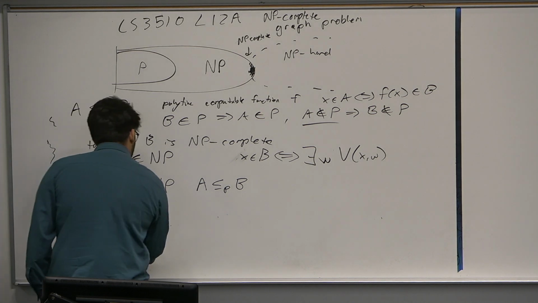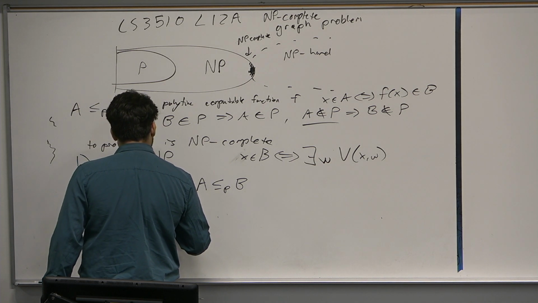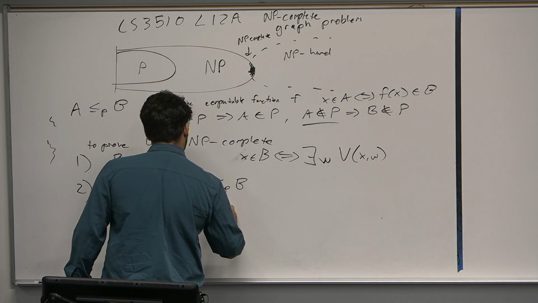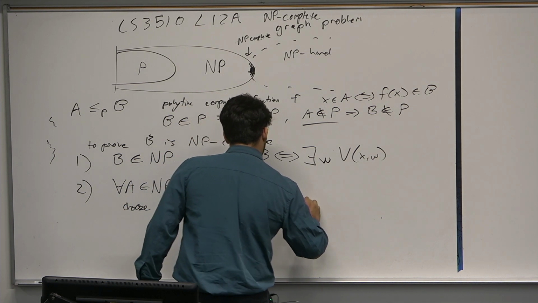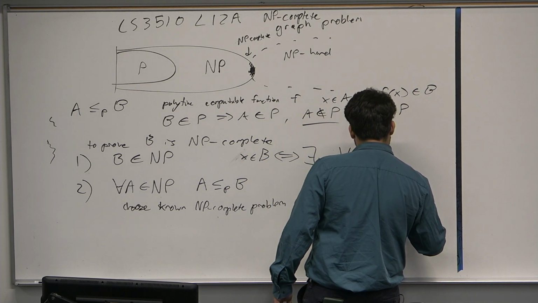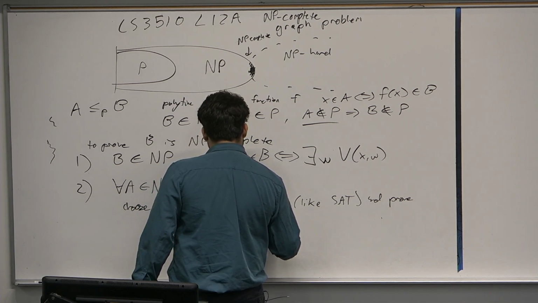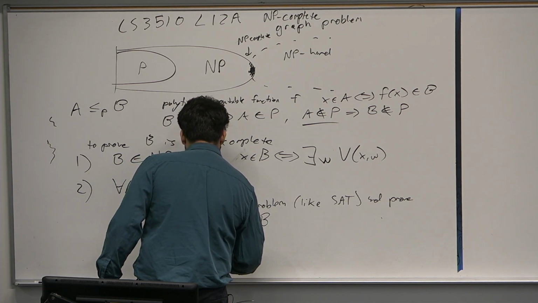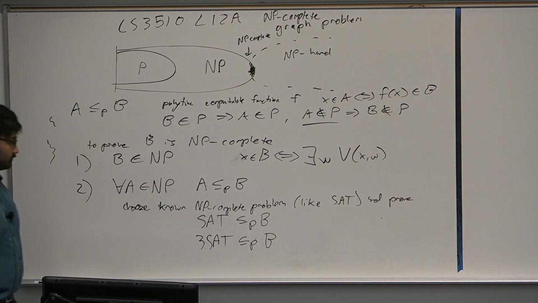So instead what we can say is choose a known NP complete problem like SAT and prove that there is a reduction from SAT to B. Equivalently, 3SAT to B. Right? You don't have to do a reduction from all of NP. Just do it from one problem you already know.